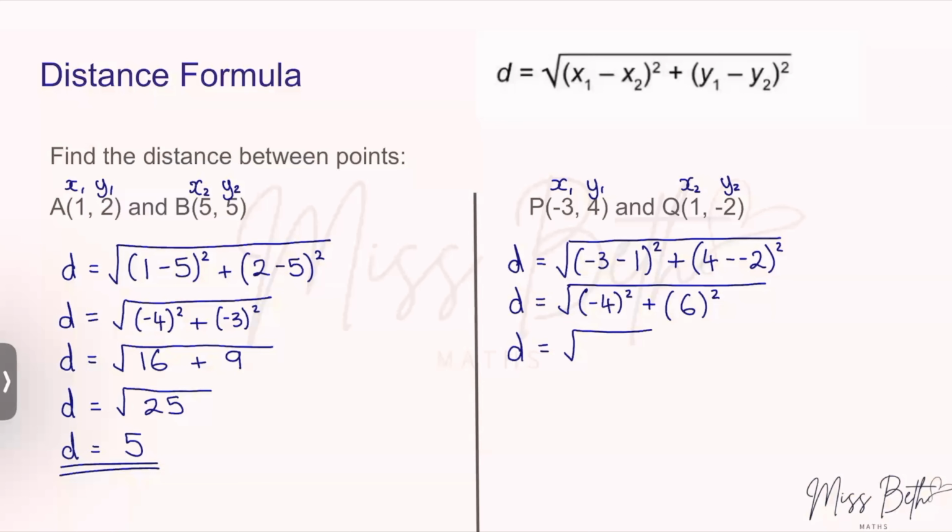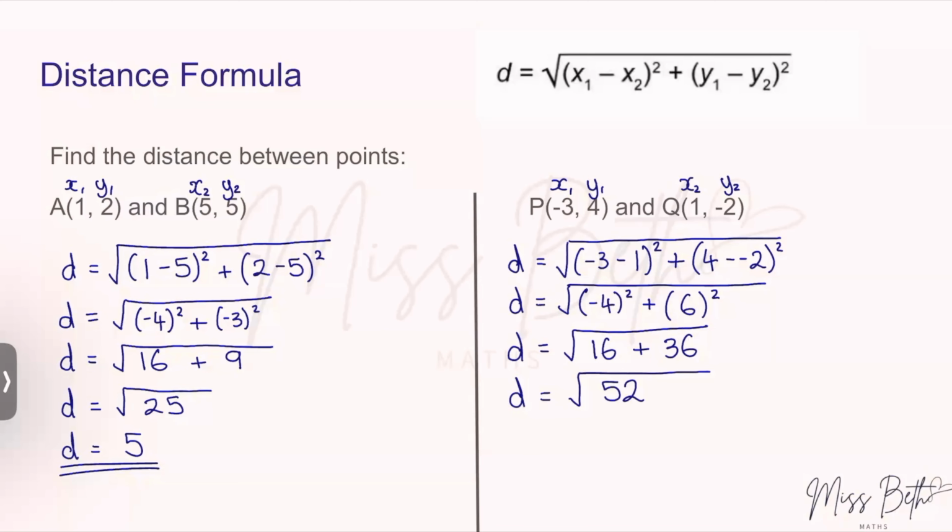So that's going to be the square root of -4 squared is 16 plus 6 squared, which is 36. So d is equal to the square root of 52. Now, at this point in a question like this, you'd probably be told either to give it in terms of surd form or as a decimal to so many places.